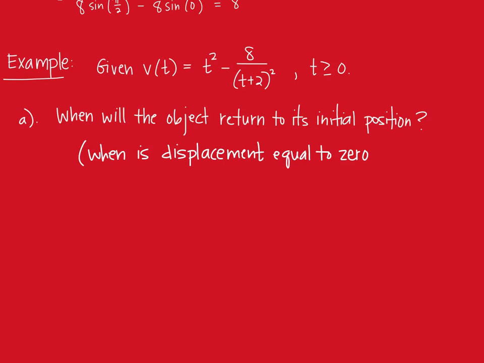All right, so we're going to use our calculator to do that. This is the way you're going to use that. The displacement, starting with time 0, going to an unknown time of x, which we don't know, of the t squared minus 8 over t plus 2 quantity squared dt.